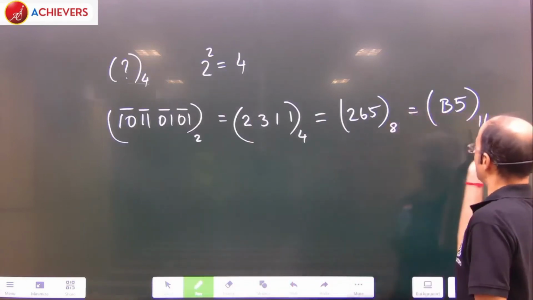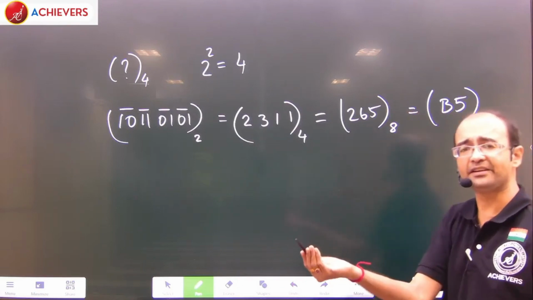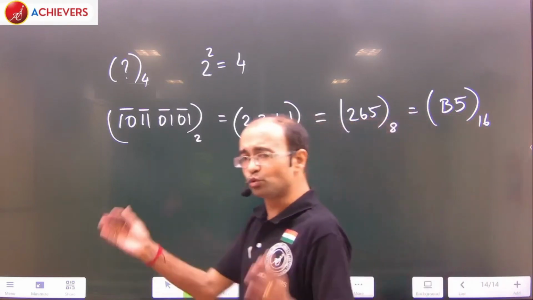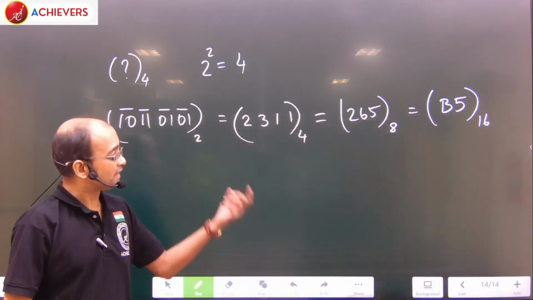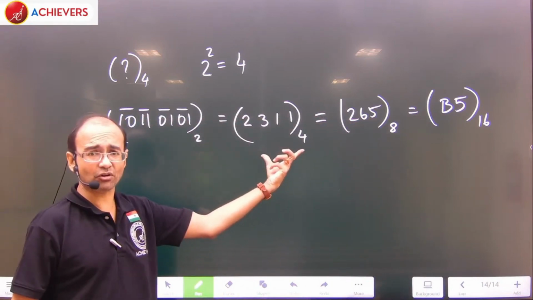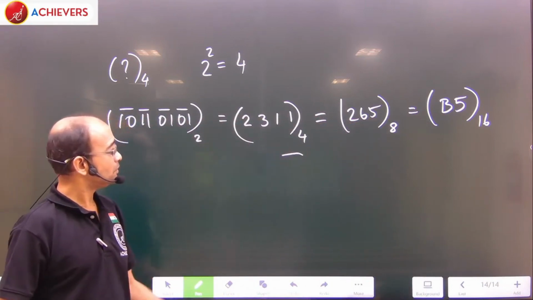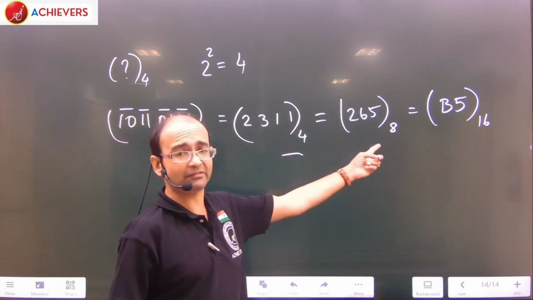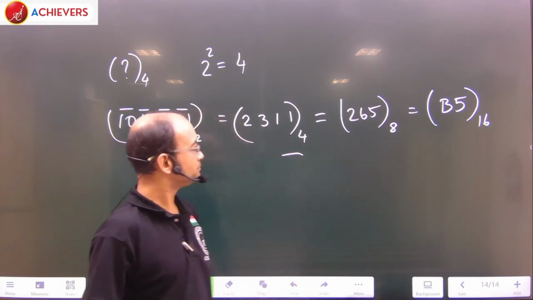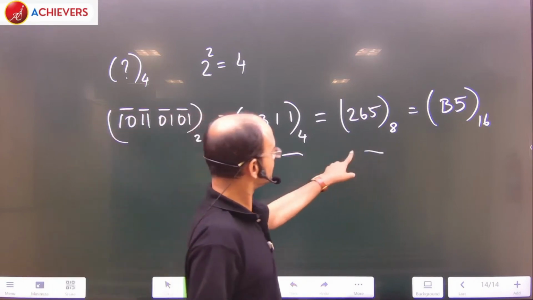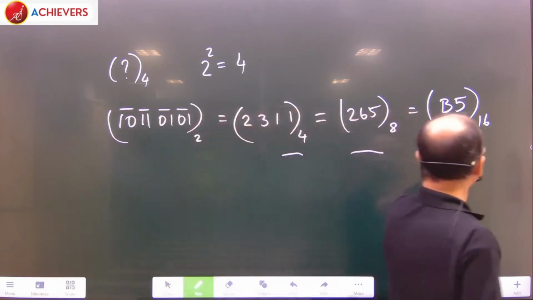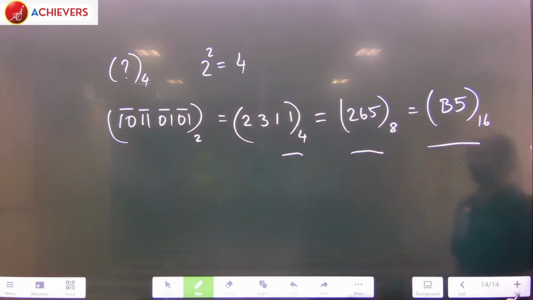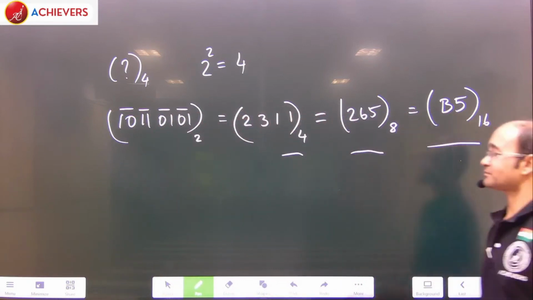So this is based on the relation of binary number to the tetranary number system, that is base 4, 265 that is the octal number system, and B5 that is the hexadecimal number system.